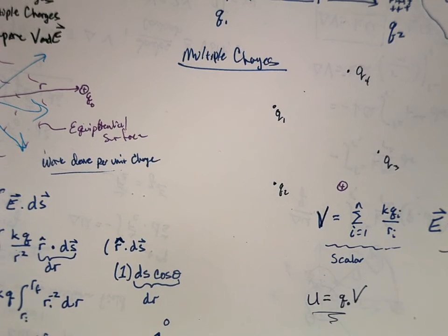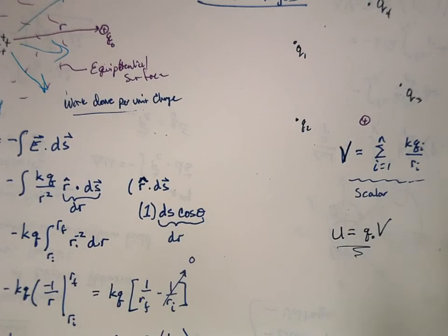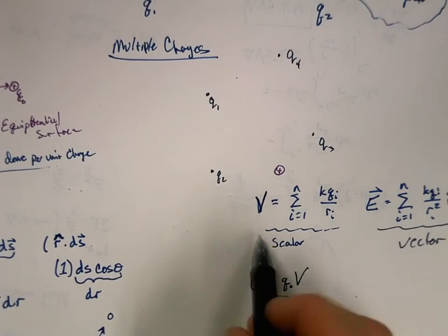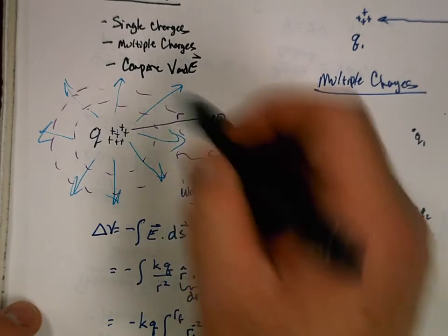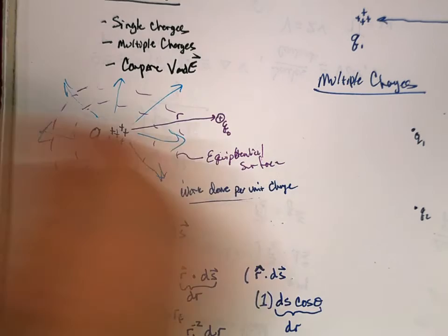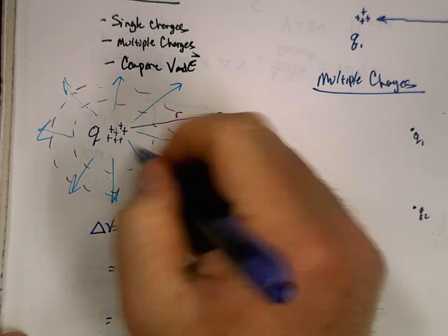Question? Can you explain the equipotential surface one more time? Yes. Because voltage is a scalar, it doesn't matter where we are along this line right here.